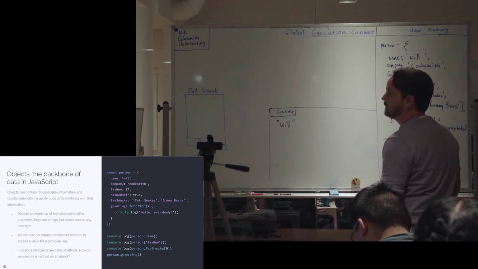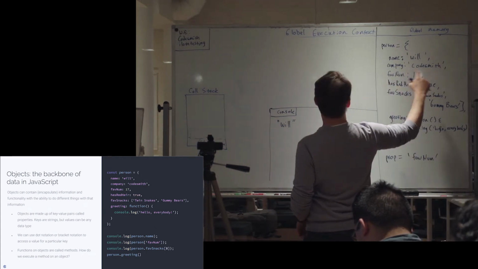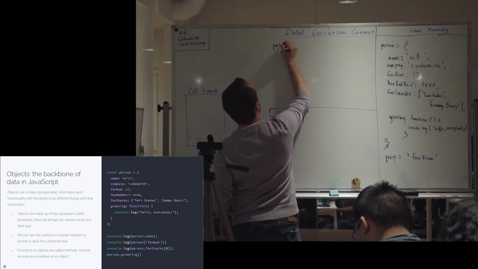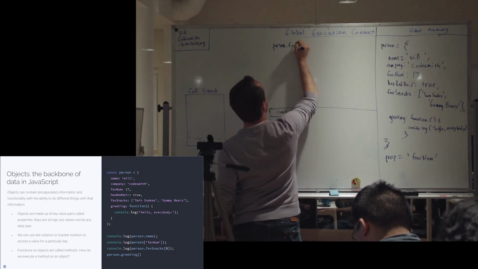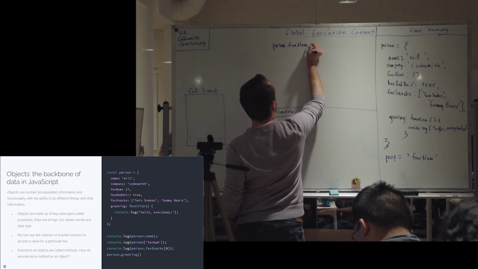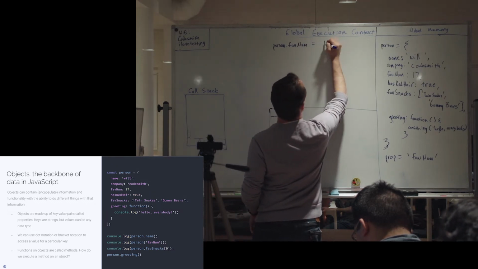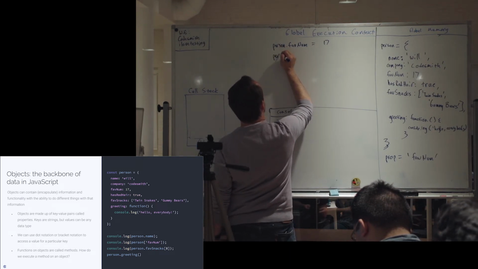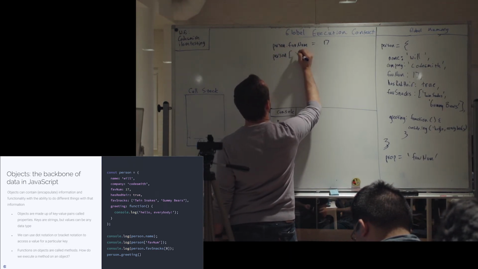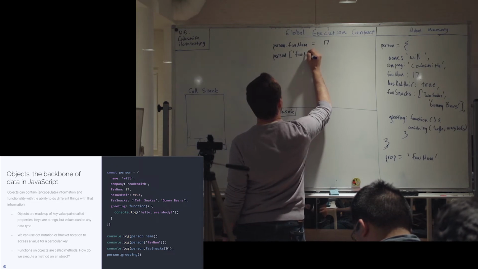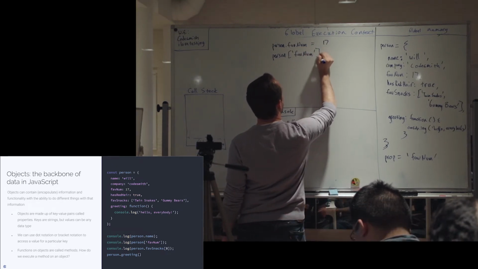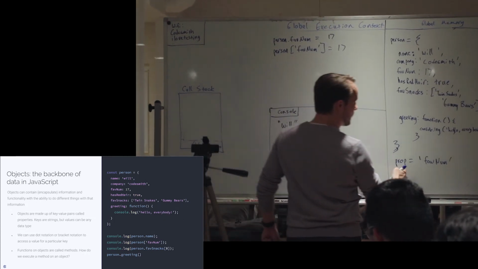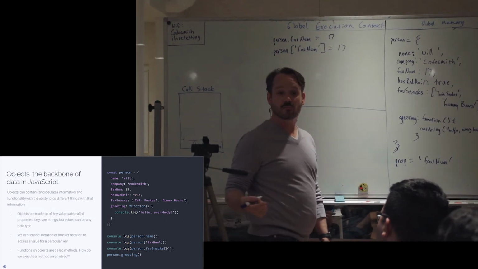So now, if I want to get to fave num, I can say person dot fave num, which equals 17. I've got person bracket the string fave num, which will evaluate to 17. But now I've said that prop equals the string fave num.